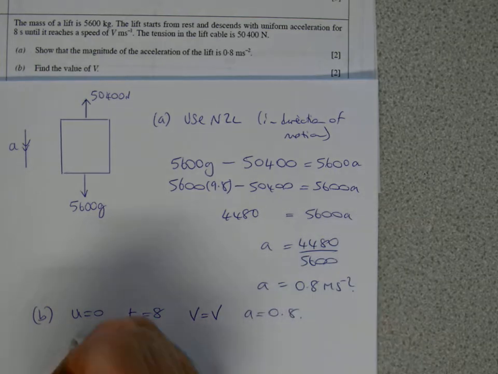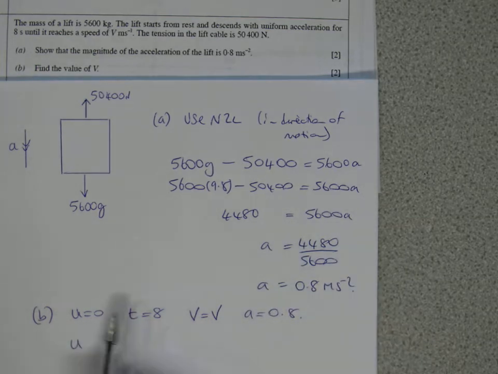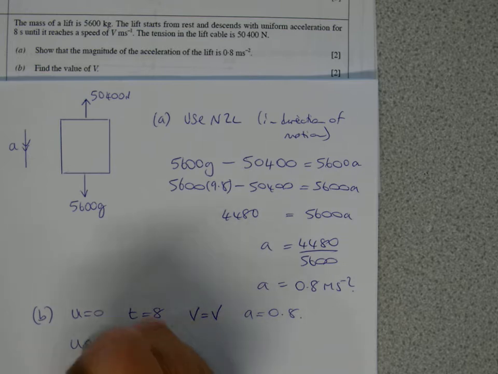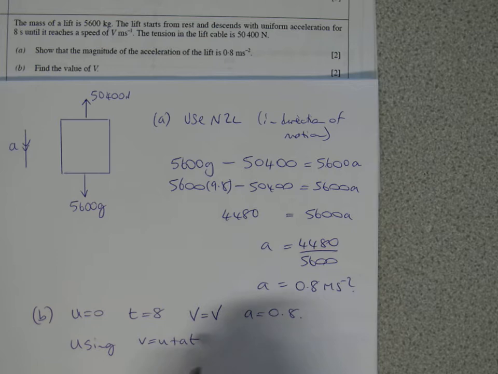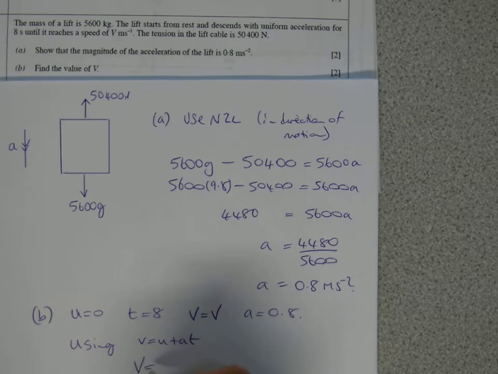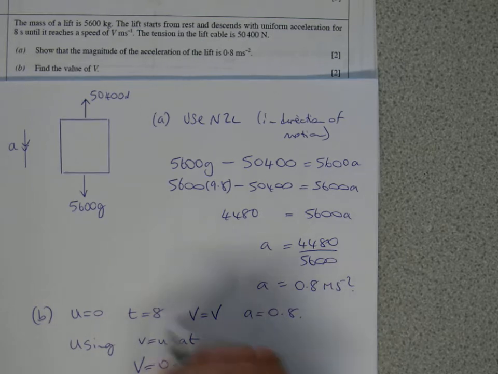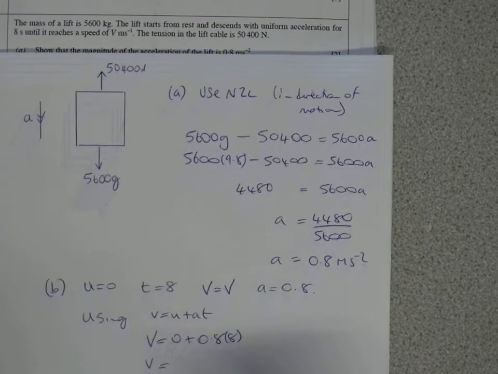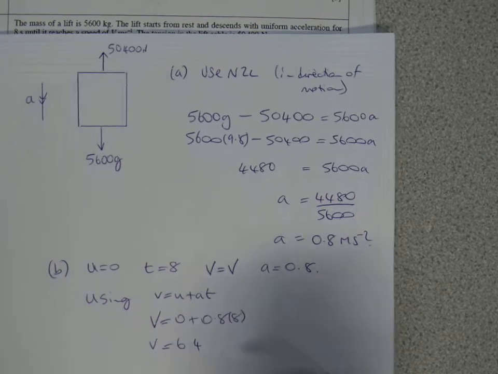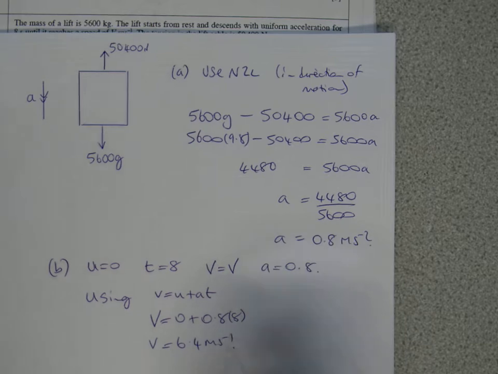So to get v, we use v equals u plus at. V, my capital V, the speed, will be u, which is 0, plus a, which is 0.8, times the time, which is 8. So V is 6.4 meters per second.